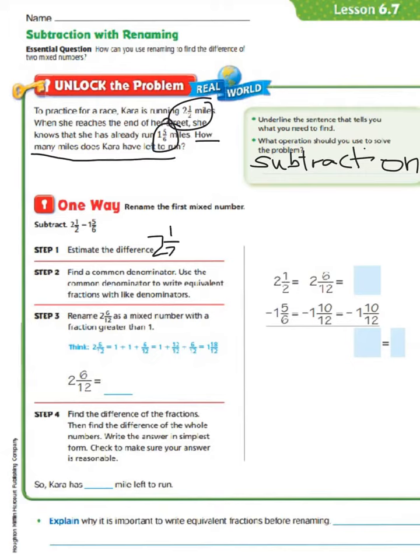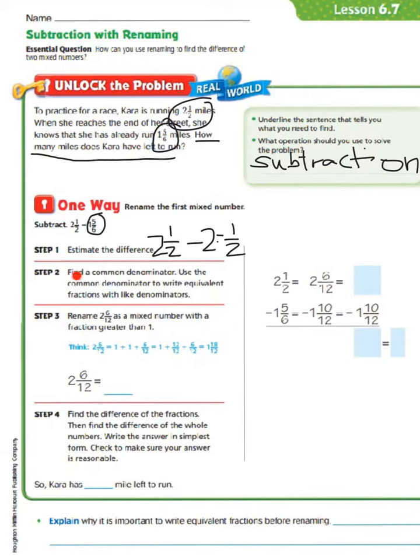So 2 1/2 minus, and then when we look at our second mixed number, 1 5/6, we see that we are only one piece away from having a whole, so we would actually round that up to 2. So 2 1/2 minus 2 equals 1/2. That is our estimate for our answer.